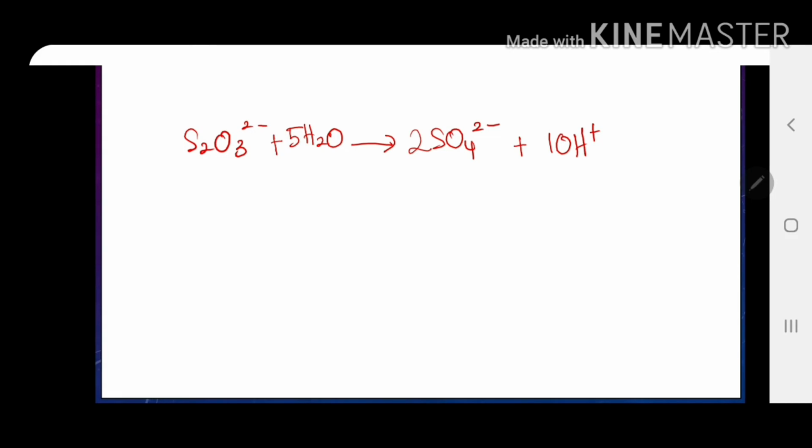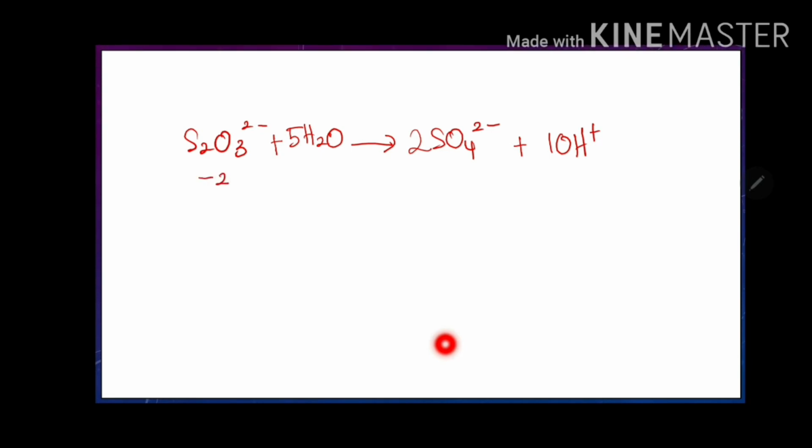So remember, what's the next step? Next step is balance the charge for both sides. So to balance the charge, we calculate the charge on the left and right side. On the left, for this ion, it is -2, plus for this compound, 0. So the total charge is -2.